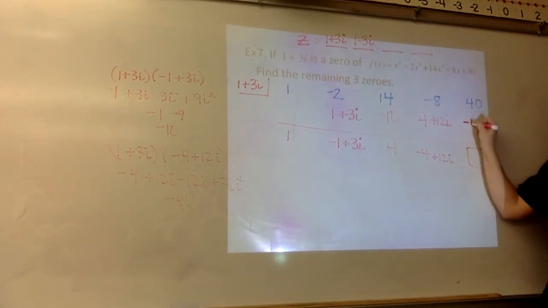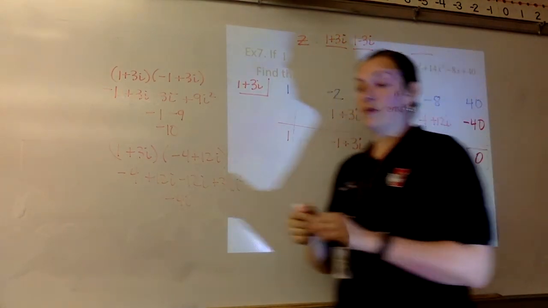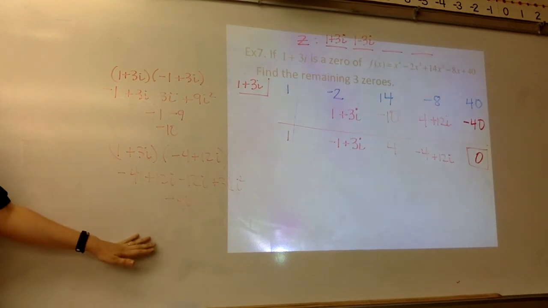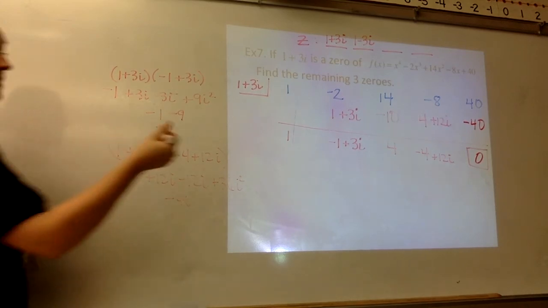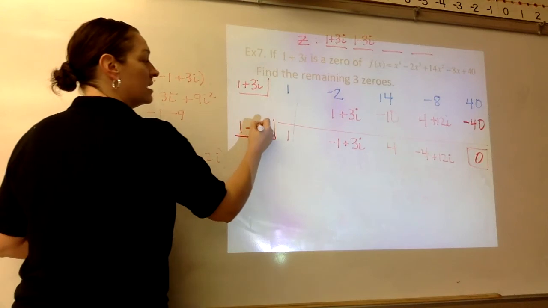Okay, so luckily this gives me negative 40, which does give me 0. Now remember when I said it's coming. Silver lining is about to show up. Here it is. Because I had all this work here, the next time I synthetically divide, it is not all that work. It will look like it in the setup because I want to synthetically divide by what now? 1 minus 3i.